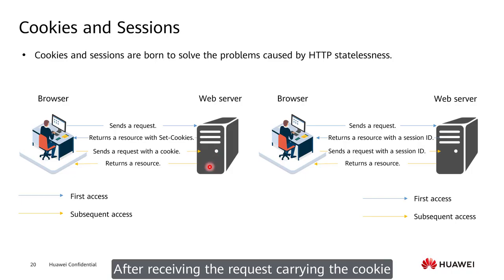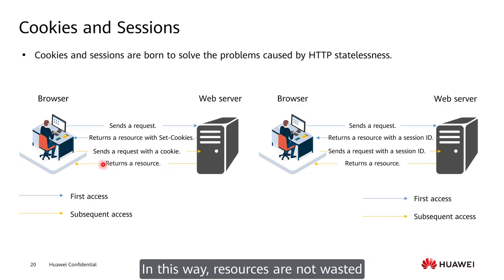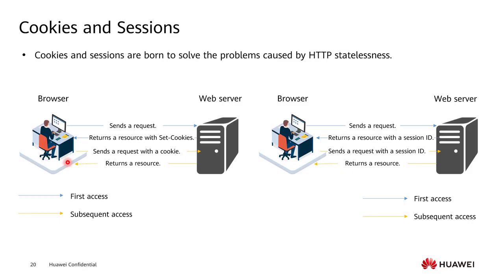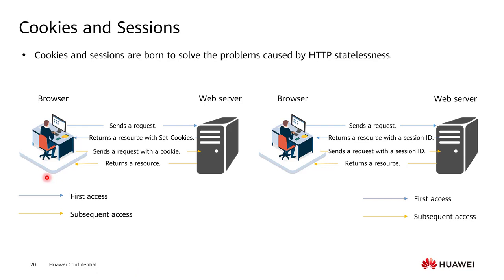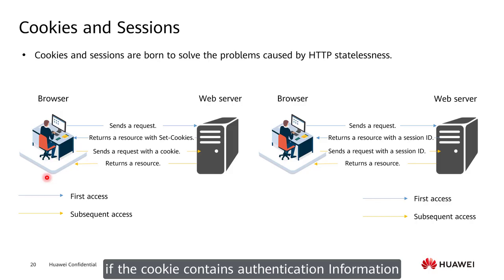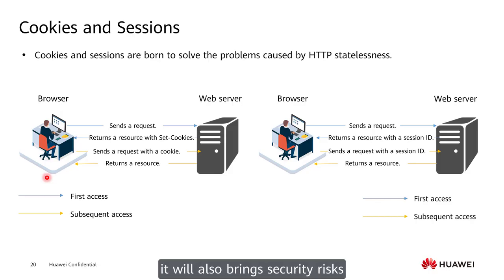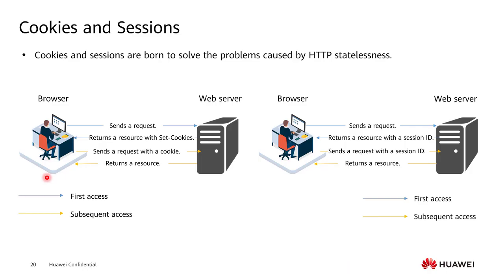After receiving the request carrying the cookie, the server continues the previous session. In this way, resources are not wasted. However, if the cookie's data is large, bandwidth resources are wasted. At the same time, if the cookies contain authentication information, it will also bring security risks.